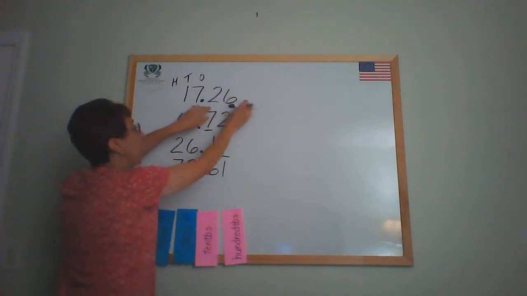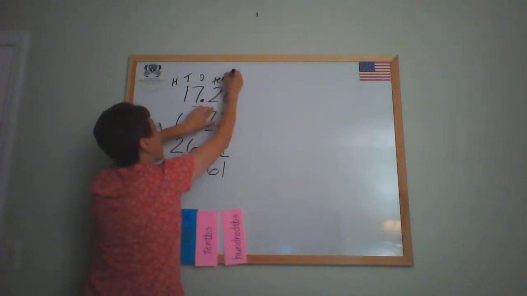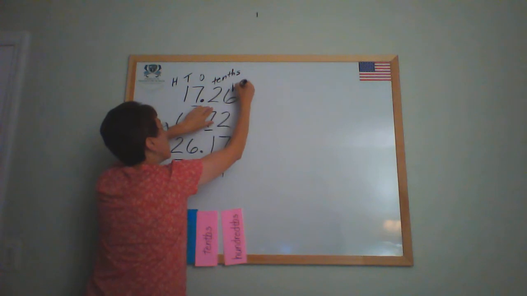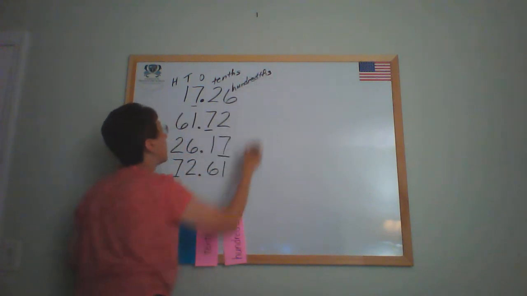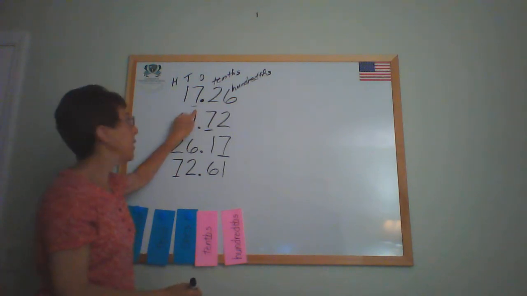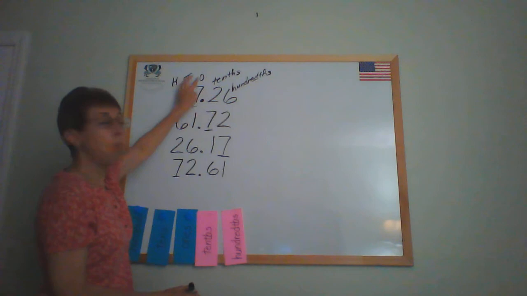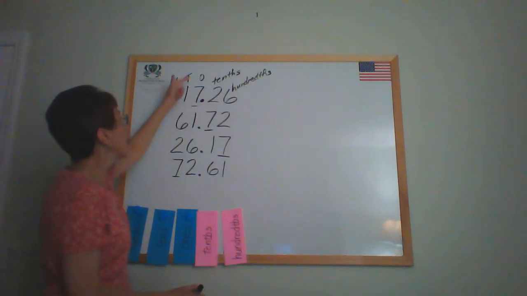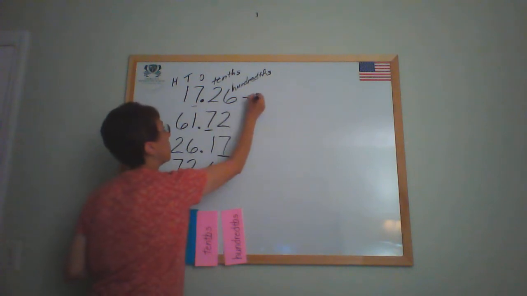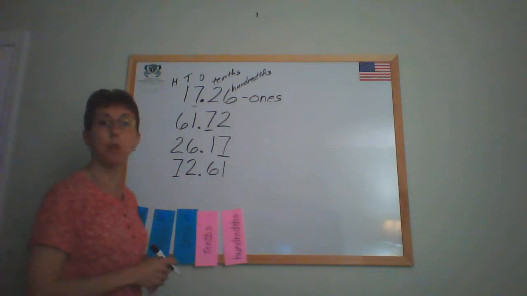To the right of your decimal point, this is your tenths place, and this is your hundredths place. Okay, so we're looking at the 7 here. The 7 is in what place? The 7 is in the ones place because it's part of the whole number of 17. So here you would write ones because the 7 is in the ones place.